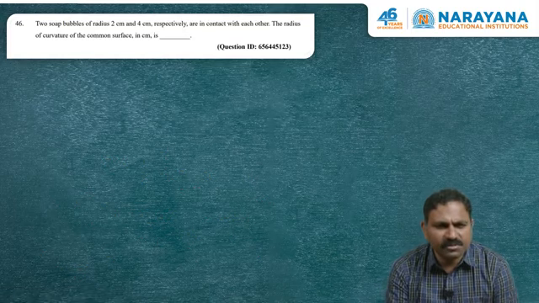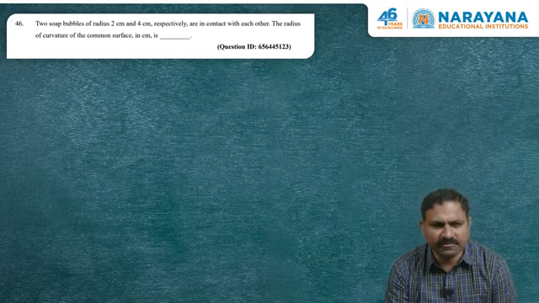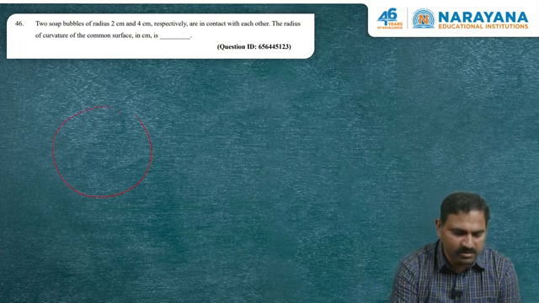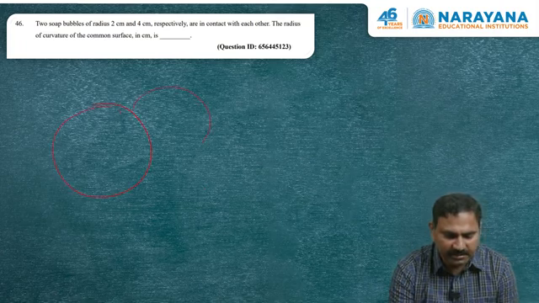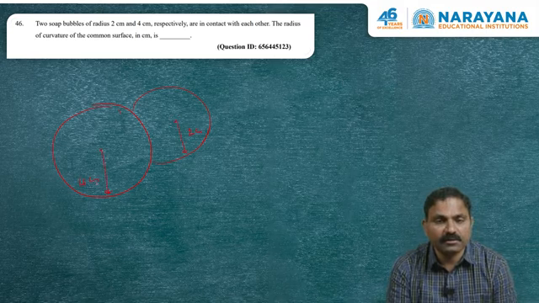Two soap bubbles of radius 2 cm and 4 cm respectively are in contact with each other. Find the radius of curvature of the common surface in centimeter. Suppose two soap bubbles are in contact like this. Assuming this is the smaller radius 2 cm and this is the larger radius 4 cm.